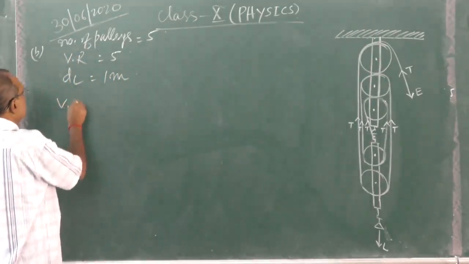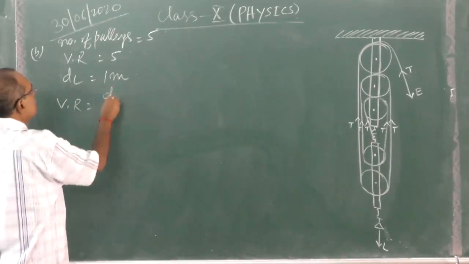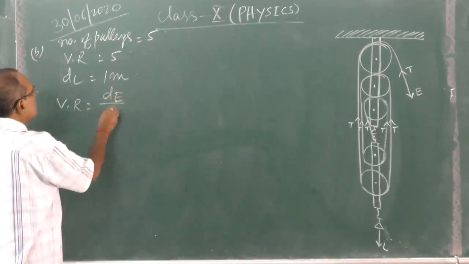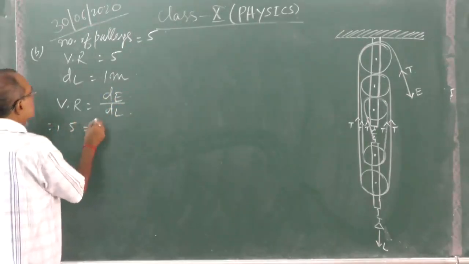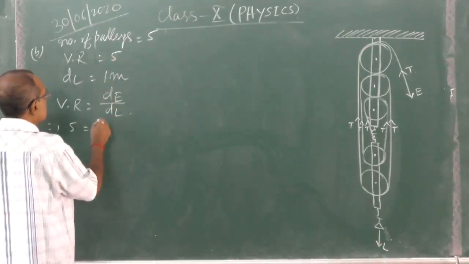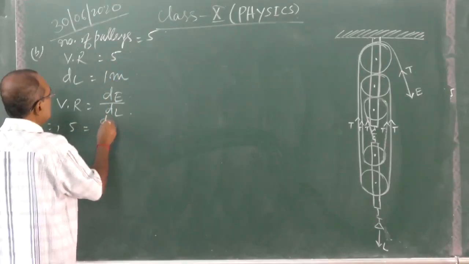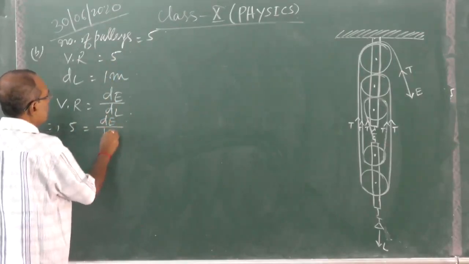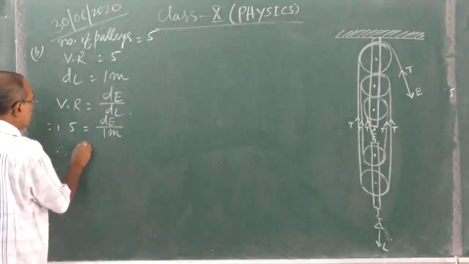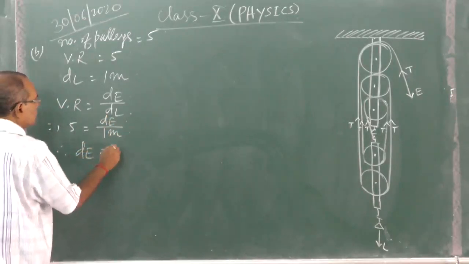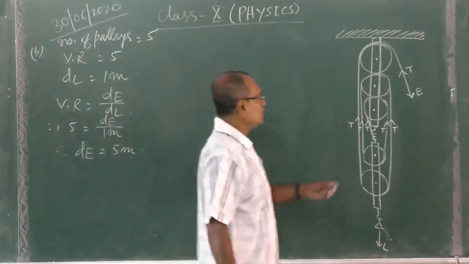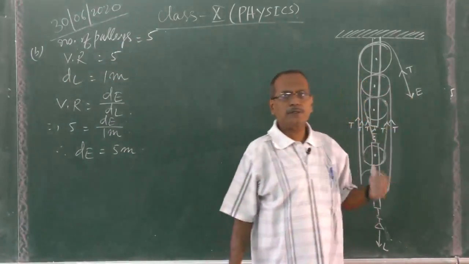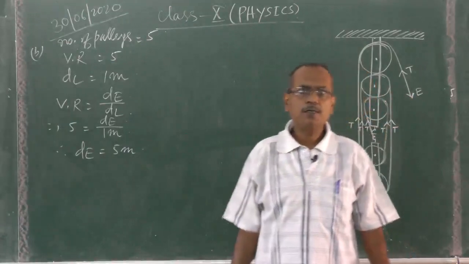So, velocity ratio is equal to DE by DL. That is, 5 is equal to DE by 1 meter. So, therefore, effort displacement is equal to 5 meter. That means we have to pull 5 meter of the rope or string.